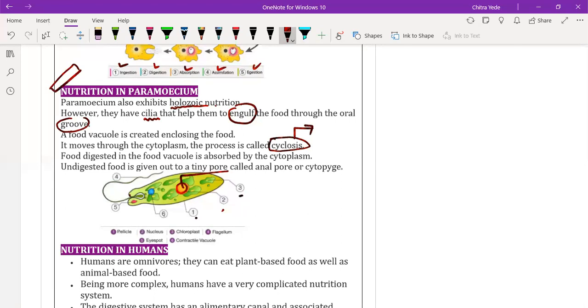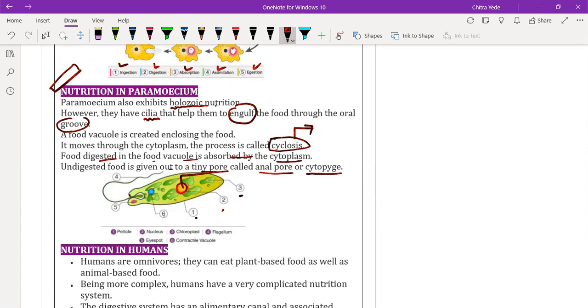Food is then digested in the food vacuoles and absorbed by the cytoplasm. When the food is broken down to a simpler form, the nutrients are absorbed by the cell itself. Undigested food is given out through the tiny pore called the anal pore or cytopyge.